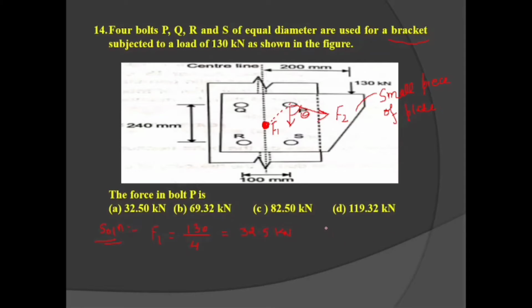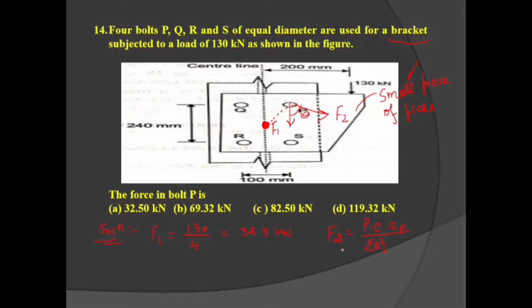Similarly, F2 value, that is the force due to twisting moment. Twisting moment is 130 into this eccentricity, that is 200 mm. So P into E into Rp, radial distance for rivet P, divided by summation of Ri square.